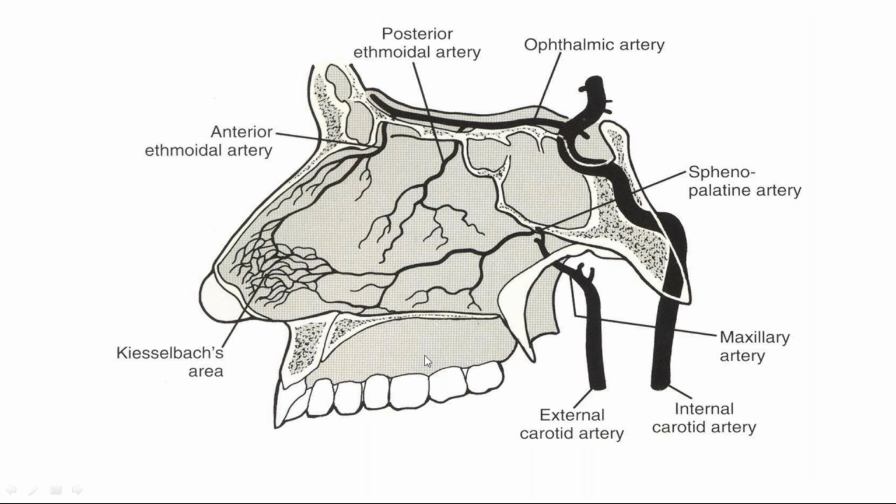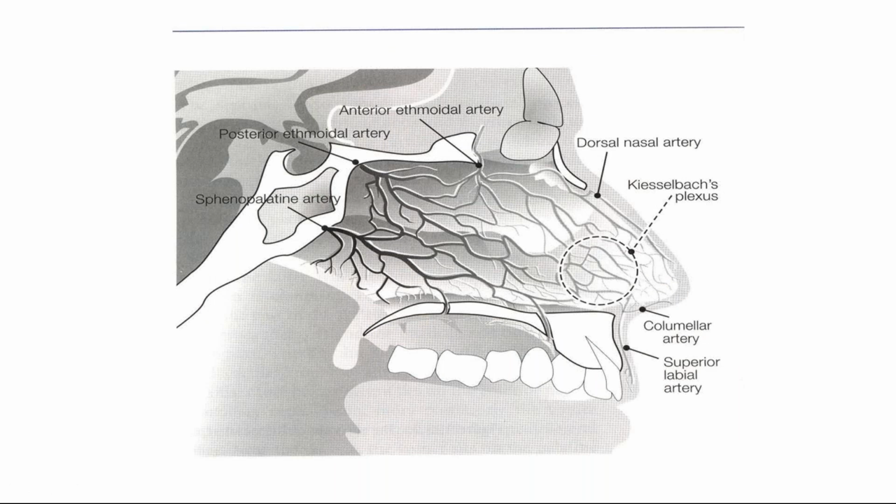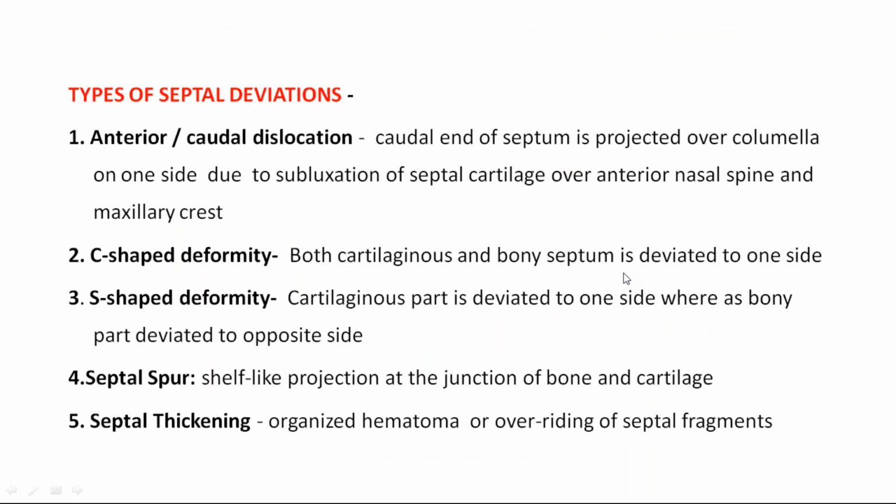So they form the plexus, and this is the nerve. This is the sphenopalatine artery, the posterior ethmoidal, anterior ethmoidal, and then the columellar artery and the superior labial artery. You can see them coming all the way up. These I have already told you.